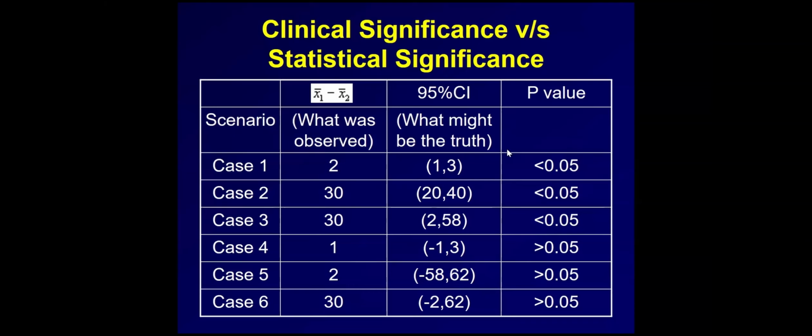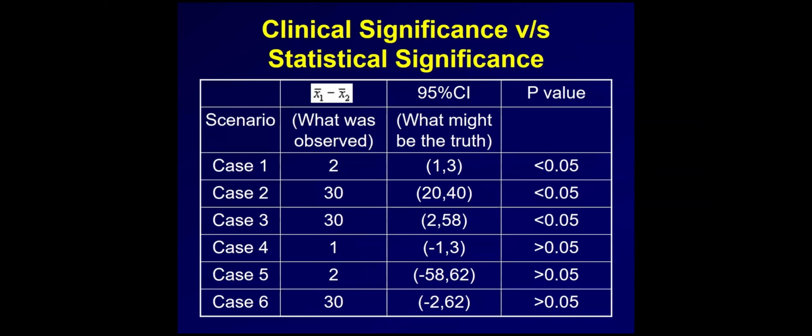As a clinician, what you need to decide is whether this 2 millimeter Hg reduction is important or not. If you're applying it at a population level, it may be important. But for patients who are known hypertensives, if it just reduces by 2 millimeter Hg, whether it is worth this intervention, as a clinician you need to decide.